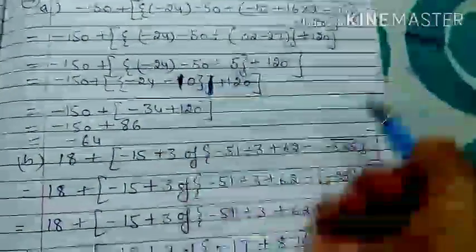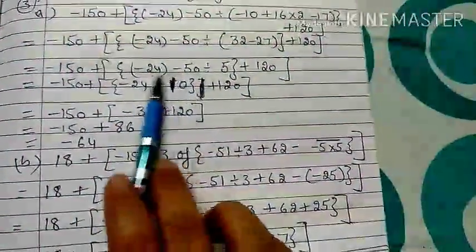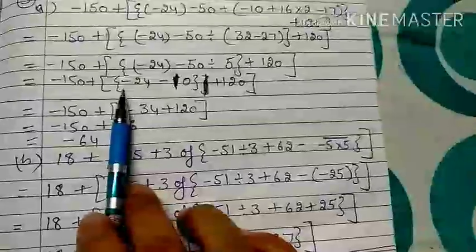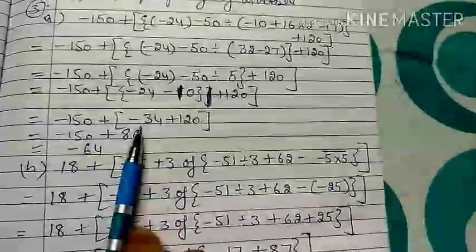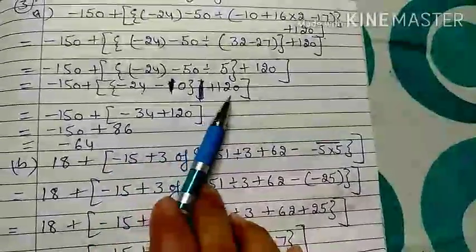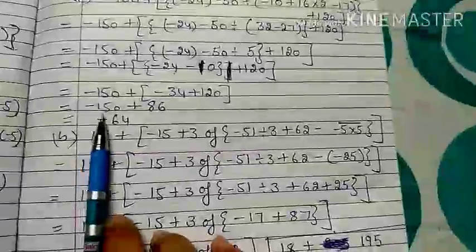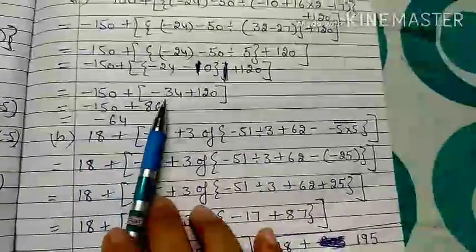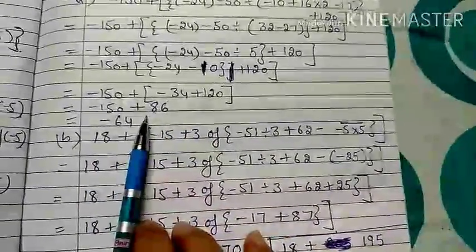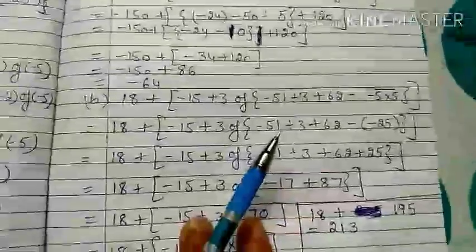I have to solve this. First I have to remove this curly bracket by adding minus 24 minus 10, which gives me minus 34, and this is plus 120.